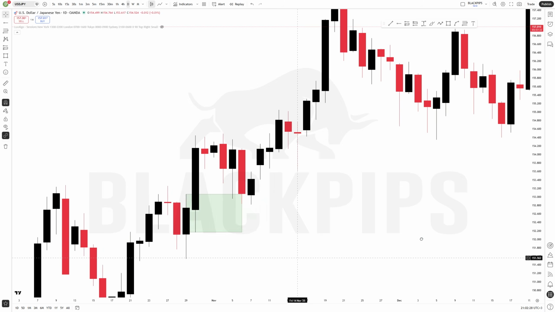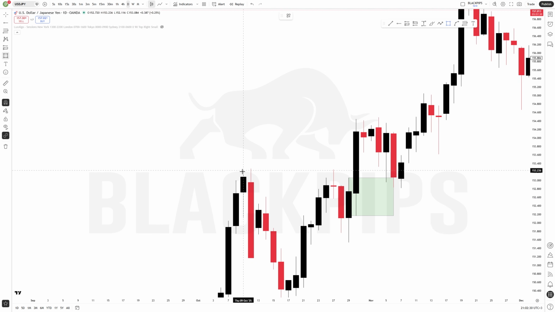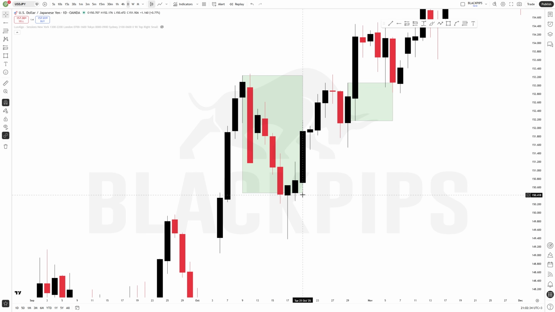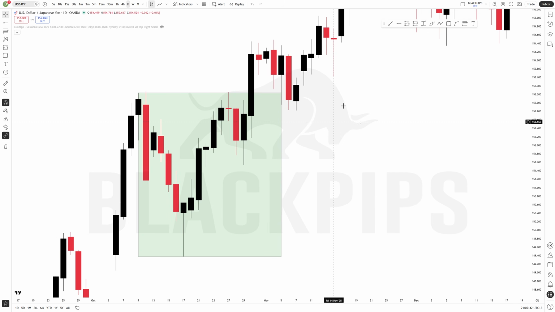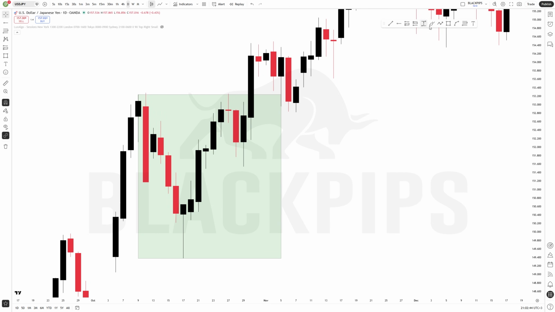So what you can see here is that we had this area of liquidity from this level to this level here. After having this area of liquidity, I saw that one of the liquidities I can use within it is these wick overlaps. I saw this wick overlap that was not tapped, but I didn't consider it.